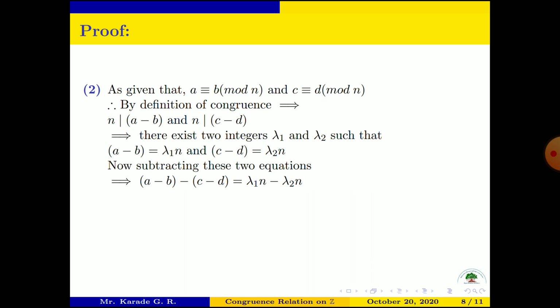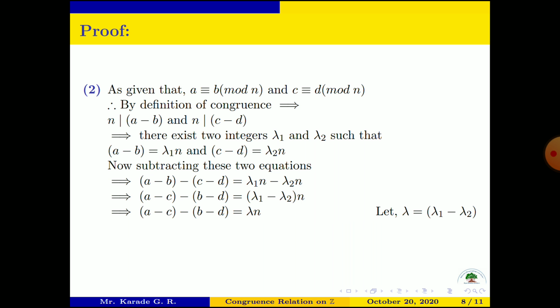From the right hand side we take n common from the two terms, and on the left hand side we rearrange the terms. So a minus c minus b minus d is equal to lambda 1 minus lambda 2 times n. If I put lambda for lambda 1 minus lambda 2, the left hand side stays as it is, and on the right hand side you will get lambda n.